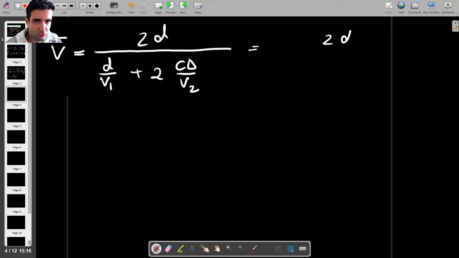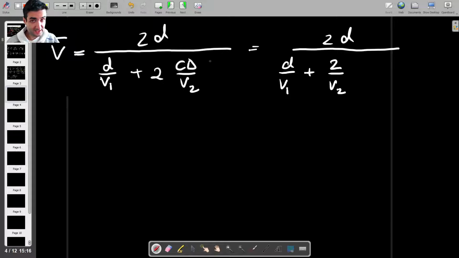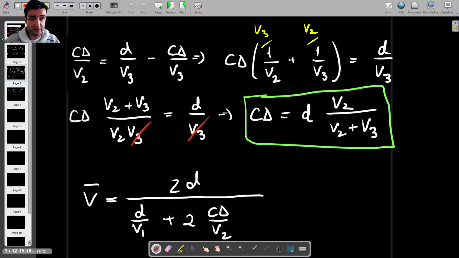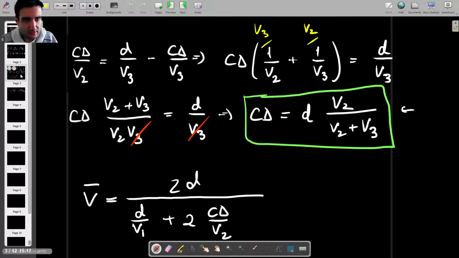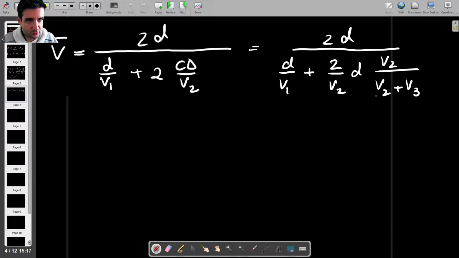So this is 2d over d over v1 plus 2 divided by v2. And instead of cd, now I'm going to replace cd with what we found cd to be in terms of d, which is d v2 over v2 plus v3. Make sure I copy this properly. Yeah, that looks right, v2 over v2 plus v3.